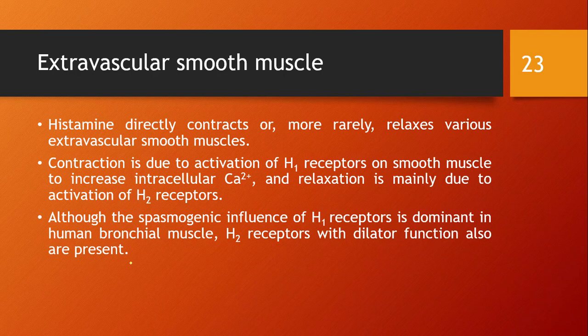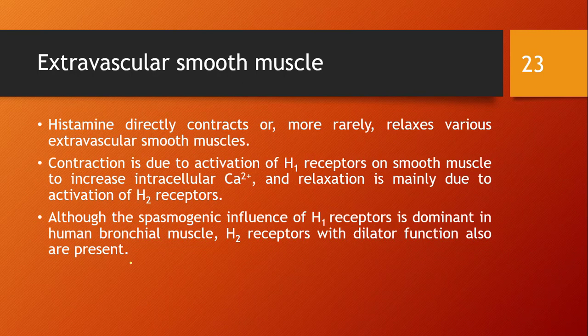Okay, extravascular smooth muscles: histamine directly contracts, or more rarely relaxes, various extravascular smooth muscles. Contraction is due to activation of the H1 receptor, the simple IP3 DAG pathway, which leads to calcium release. Relaxation is mainly due to activation of H2 receptors.